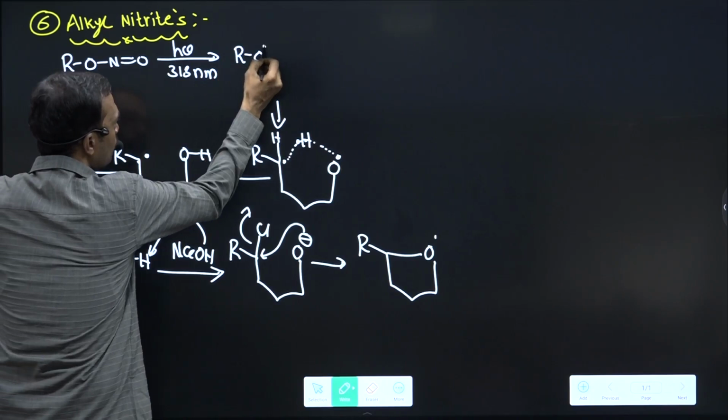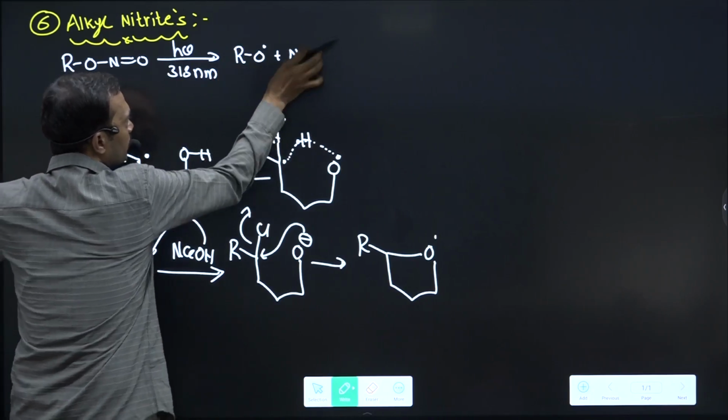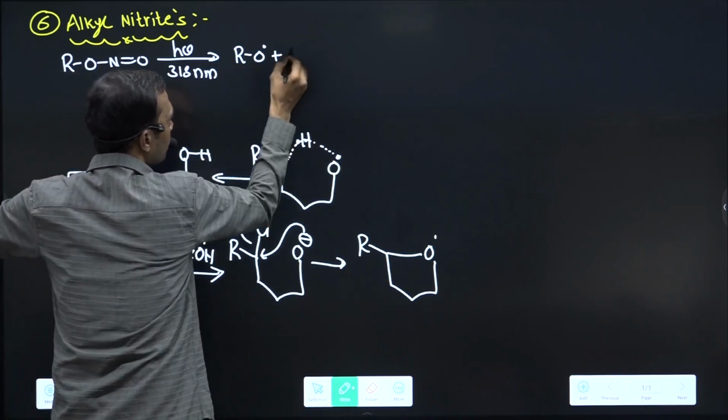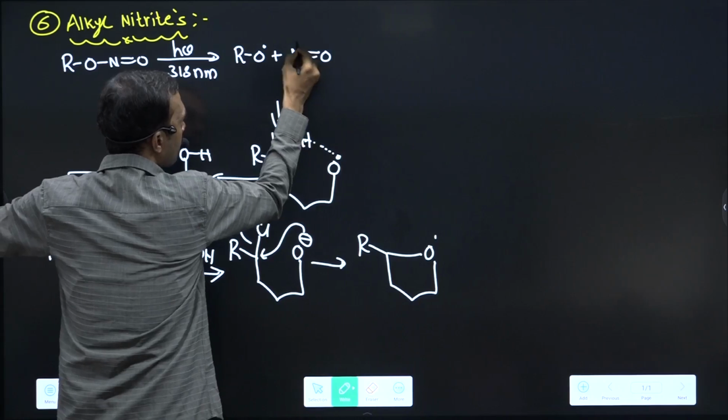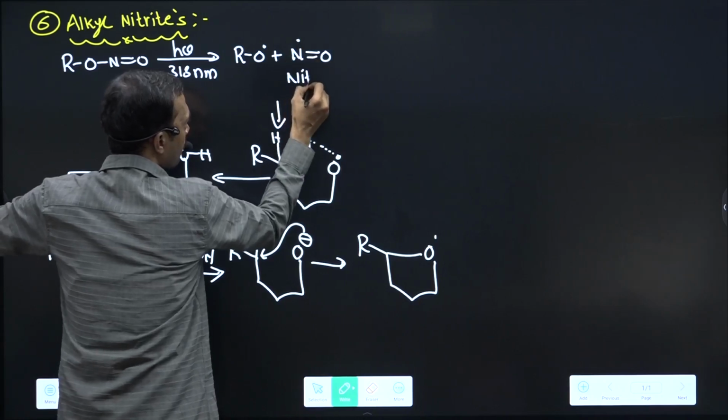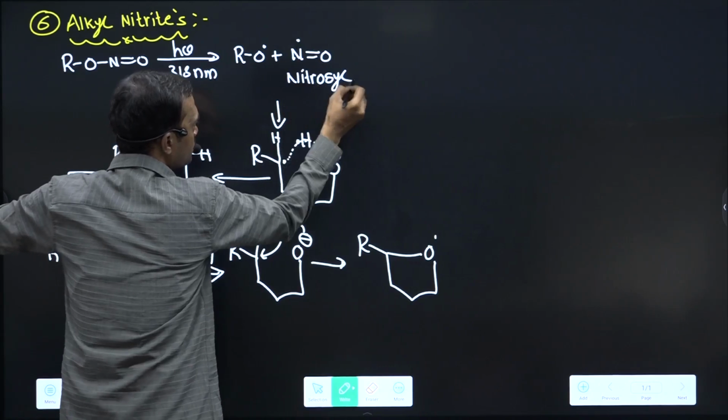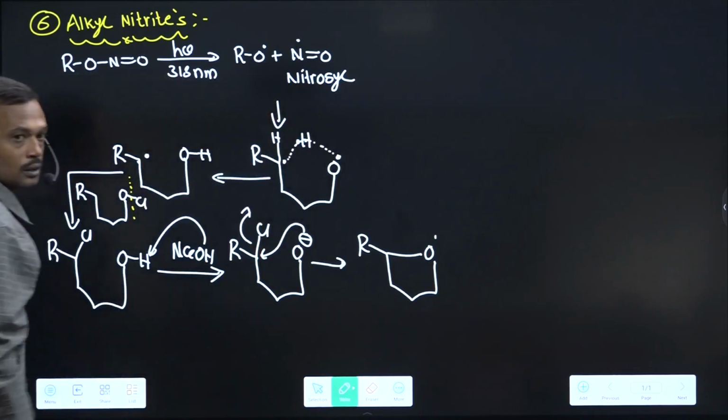There is a generation of alkoxy radical, then there is a generation of nitrosyl radical. Nitrosyl, what is this? Alkoxy radical.